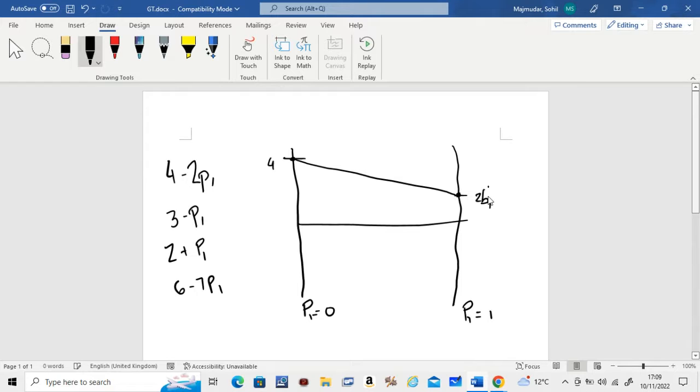Okay, similarly, graph the next one. In place of P1, plug in 0, so you get 3. That's the first point. In place of P1, plug in 1, you get 2, same thing. So you connect these two things.